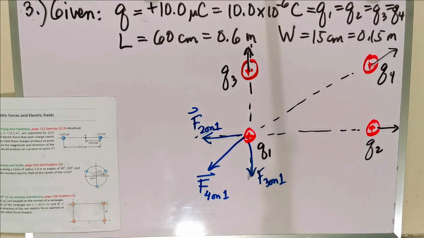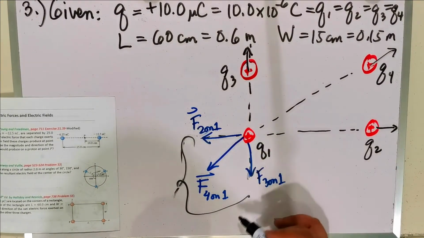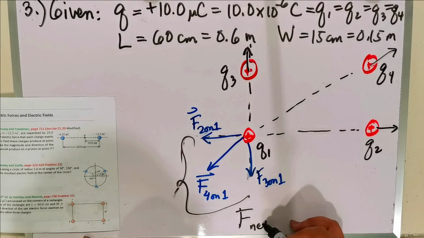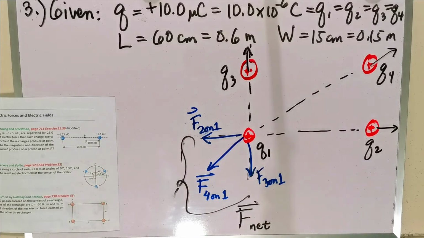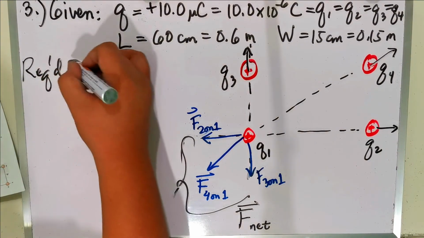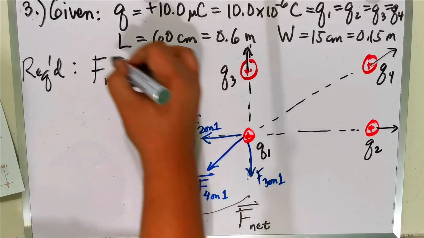What we are looking for in our problem is the combination of these three forces. So what is the net force on the lower left charge, Q1? Again, the requirement is to find the net force on Q1.